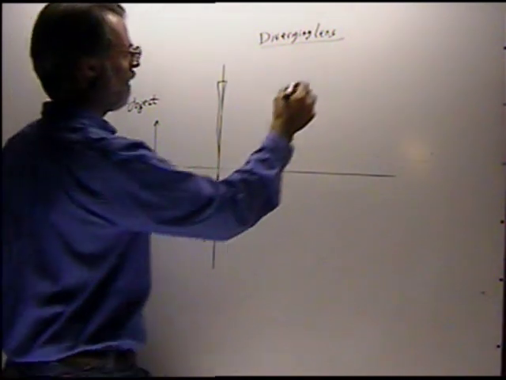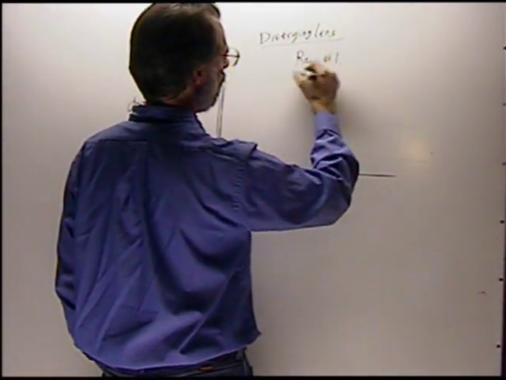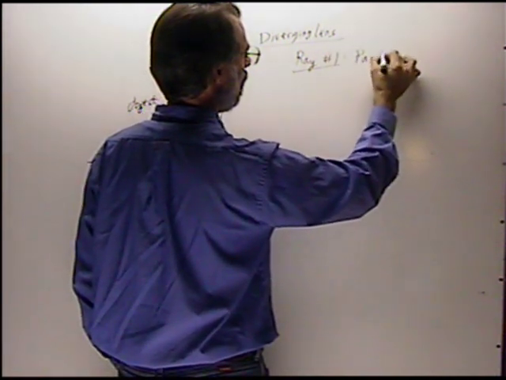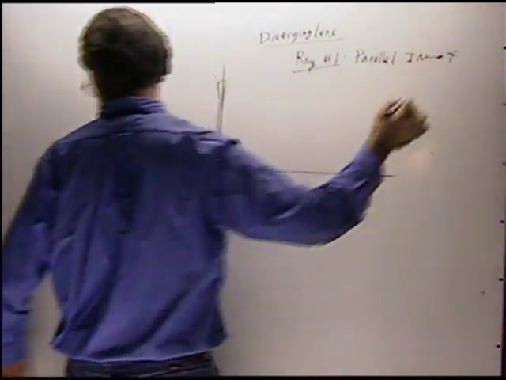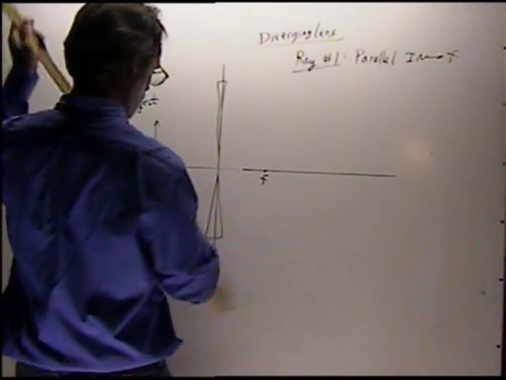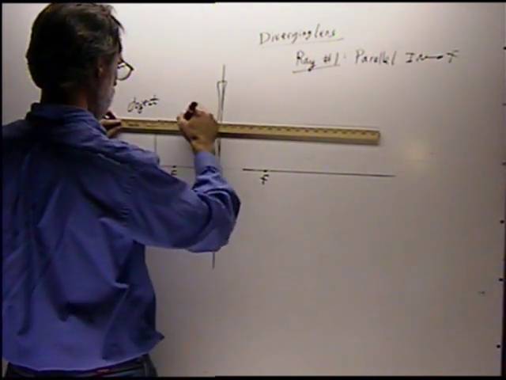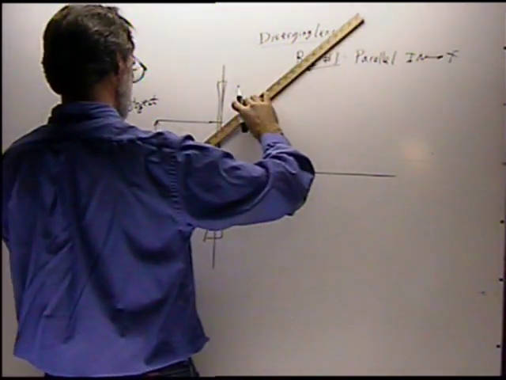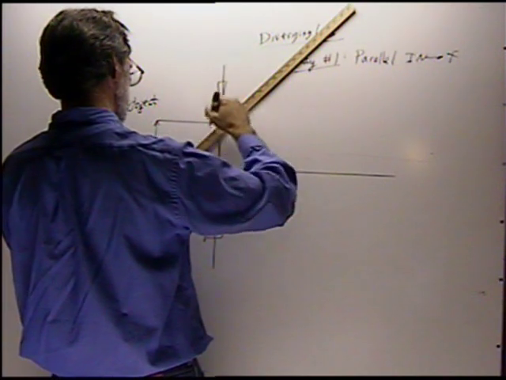So, ray number 1. Okay, remember parallel in, and it goes through the focal point. So, come parallel in, but it's going to diverge out as if it's going through the focal point.